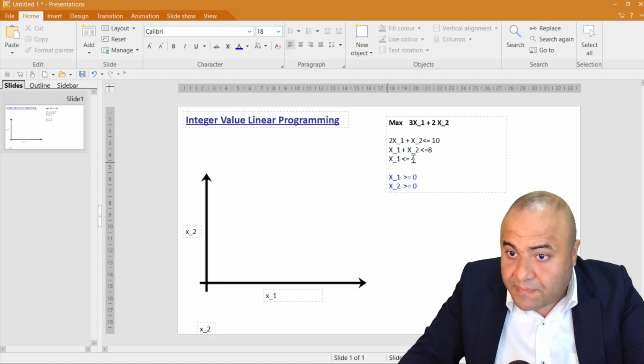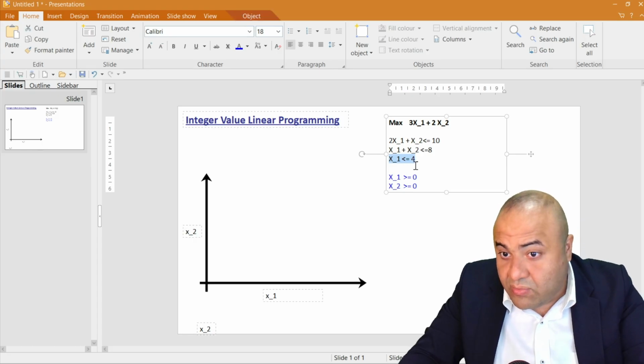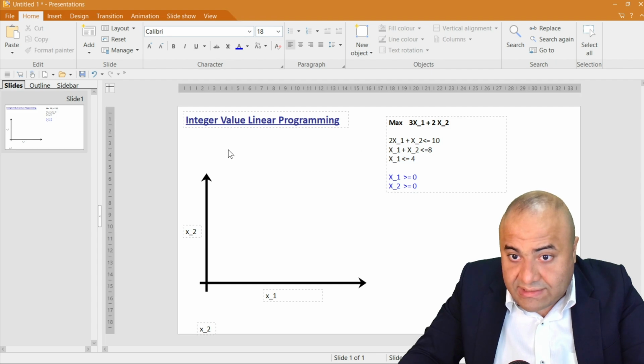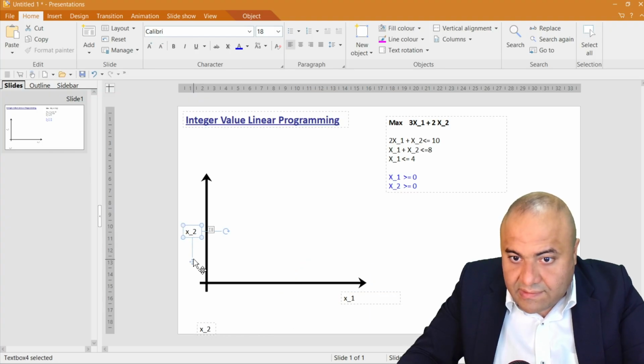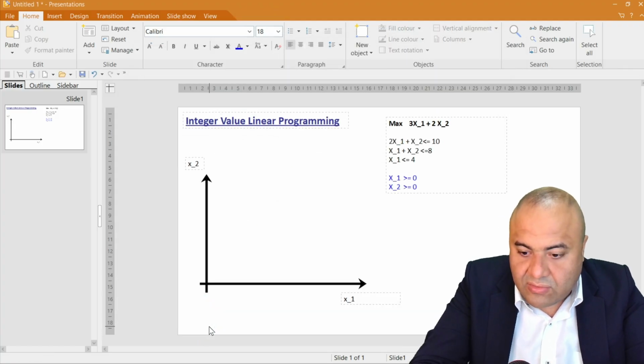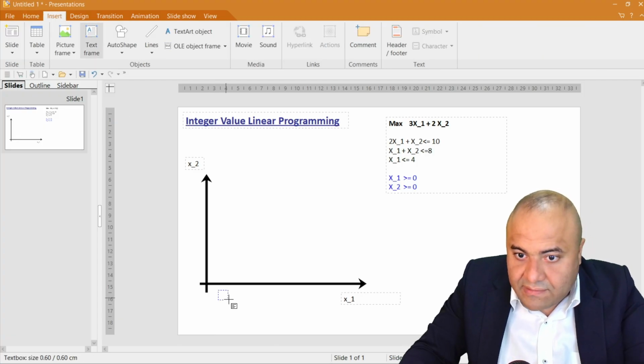So here we can see x1 should be less than or equal to 4. In order to satisfy it, let's put this one a little bit here. And again, this is an integer, so we have to put these integers.